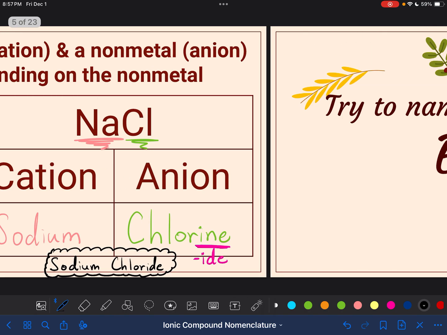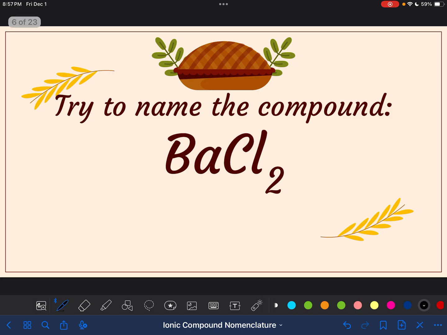All right. Let's try some example problems. If you want to pause the video, make sure you look at your periodic table to figure out this name. Pause the video and try it out on your own. All right, so let's see. Ba in the periodic table is barium.